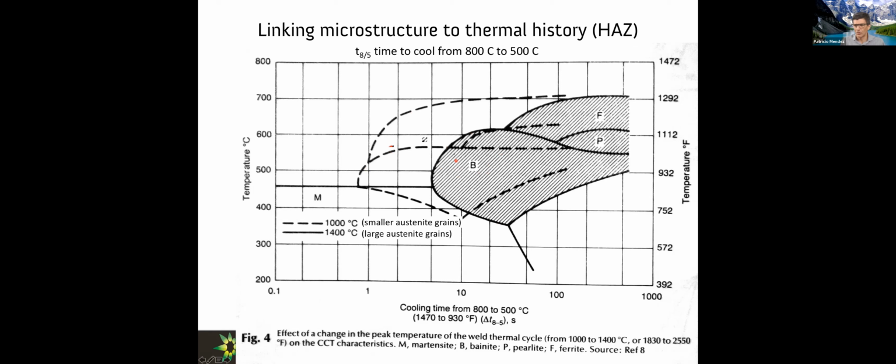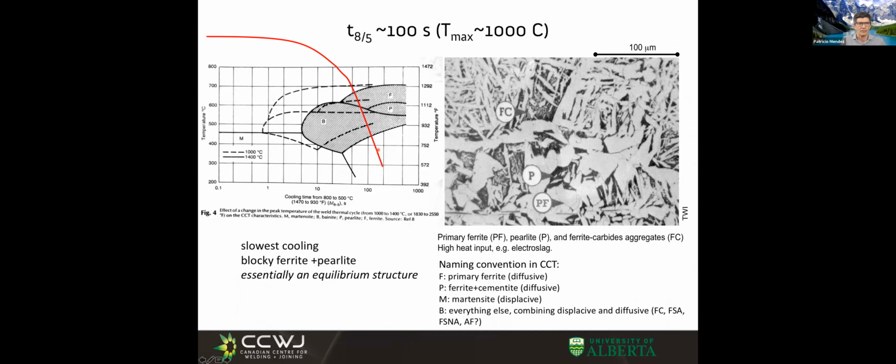Okay, I will go quickly over a sample transformation if we were to have different cooling rates and what the microstructure looks like. I'm going to be using the dash curves, not the full curves, just because that's what I have that would match the best. So in this case, if we cool down very, very slowly, say a T85 of more or less 100 seconds, this is the microstructure we would see.